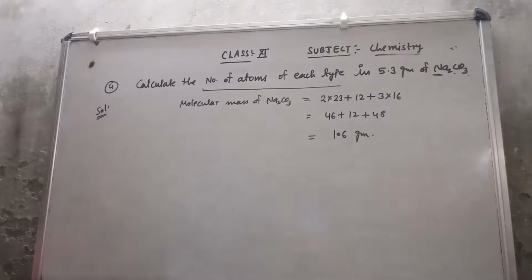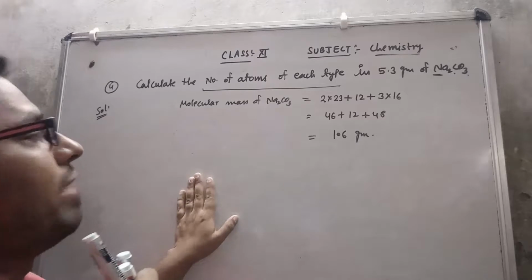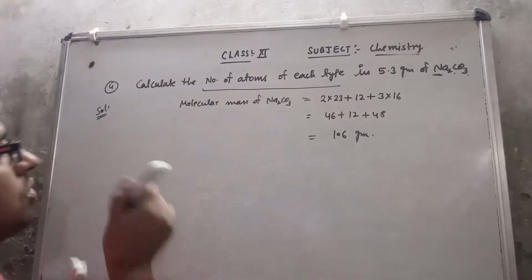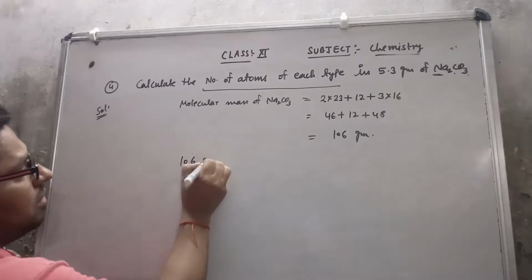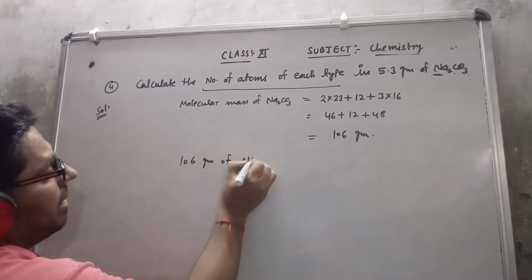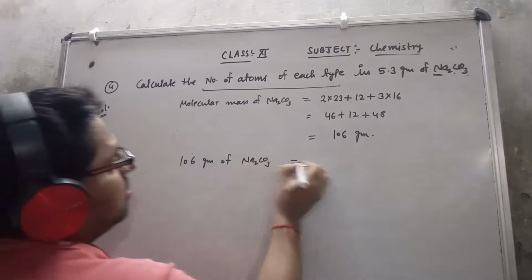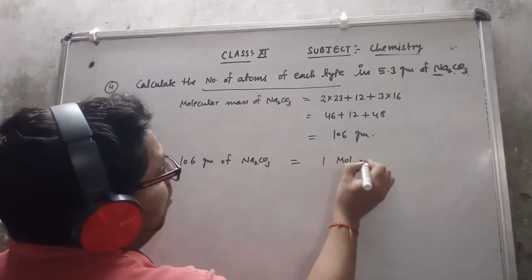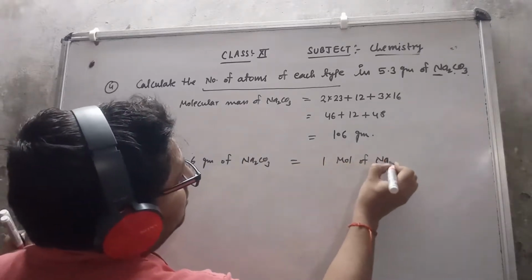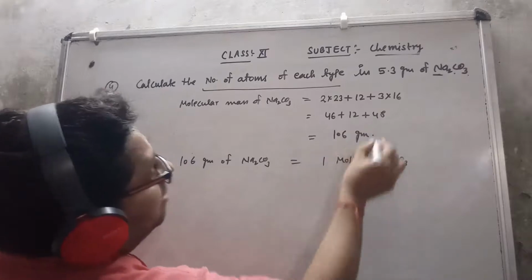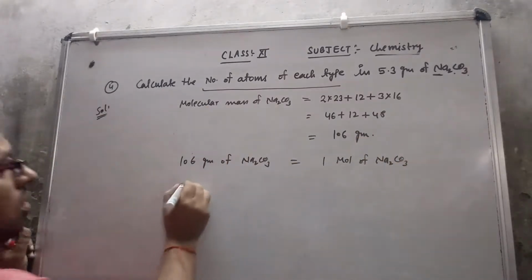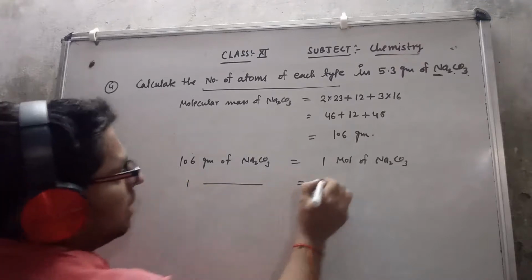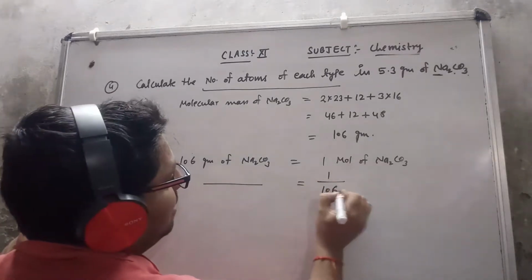Now check how many moles are available here. Firstly you find out the mole, then you solve it. So 106 gram of Na2CO3, what is its meaning? It means 1 mole of Na2CO3, because whatever molecular mass comes, that will be equal to 1 mole. So 1 gram of Na2CO3 equals 1 upon 106.